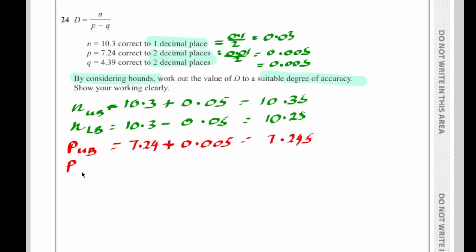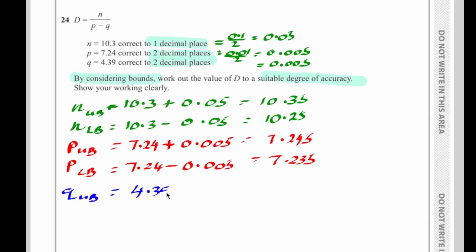Now the lower bound: 7.24 is the original measurement, subtract 0.005, and we get 7.235. Next is Q. Upper bound: the original measurement is 4.39 plus 0.005 equals 4.395.